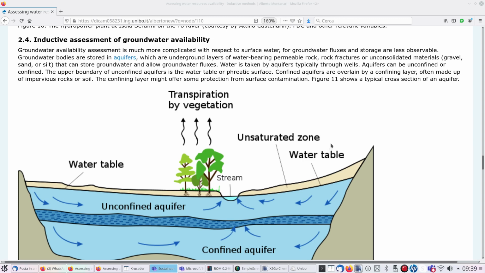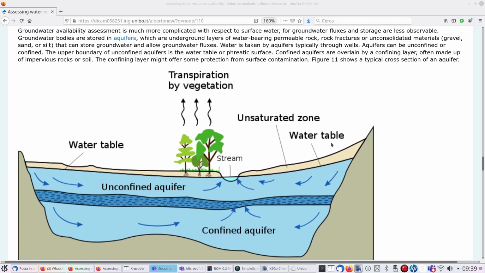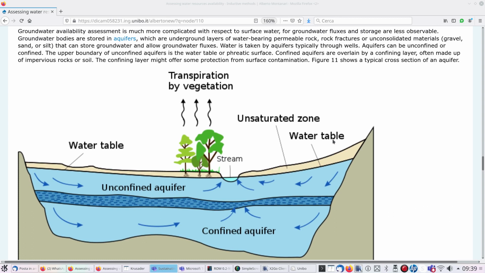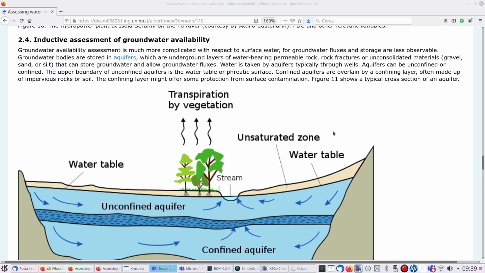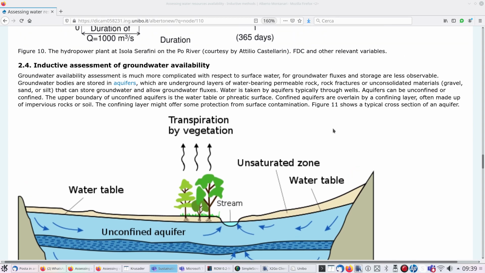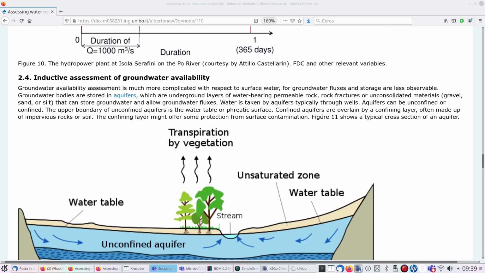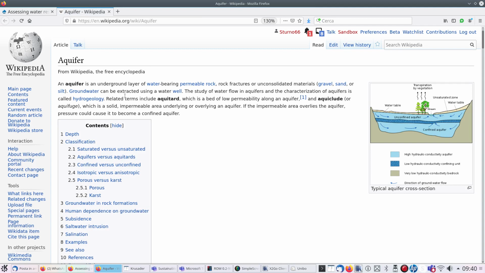I have a picture here which I want to visualize, which briefly explains how aquifers work. Before moving forward, what is an aquifer, first of all? There is a link here to a Wikipedia page. Let's see if it works. Yes. And let's see what is written here.